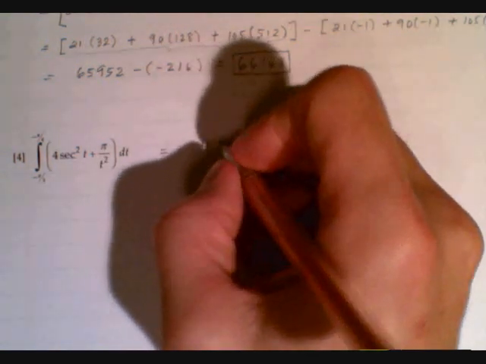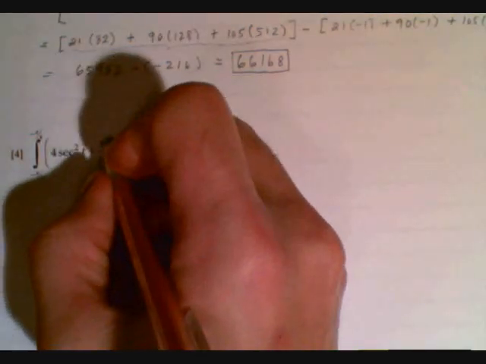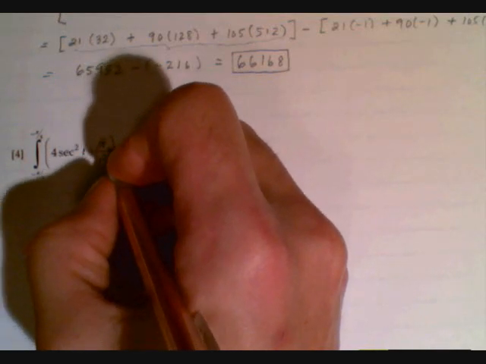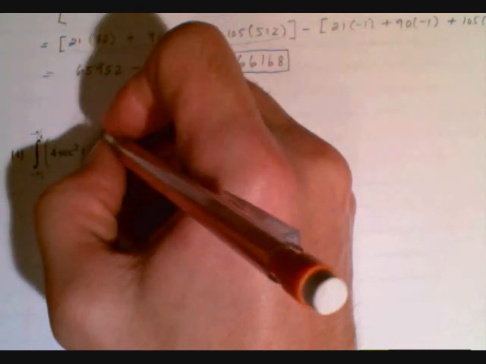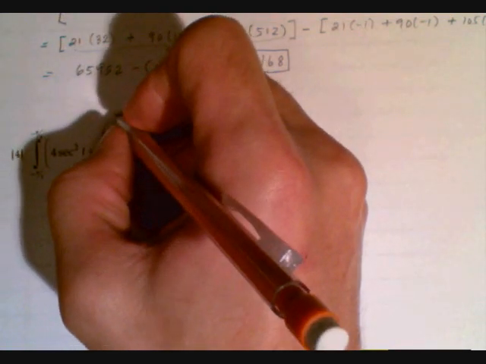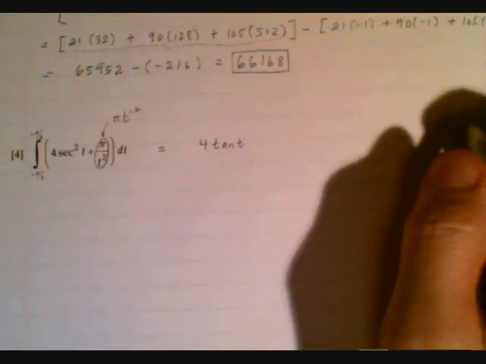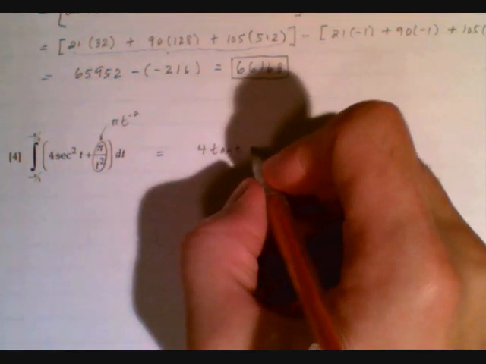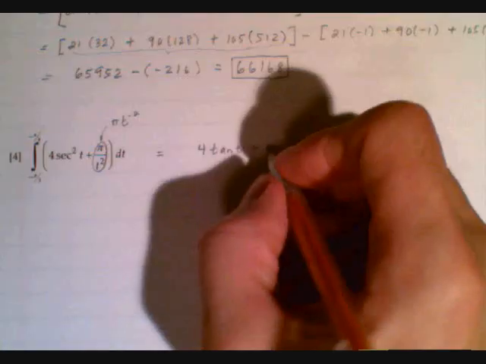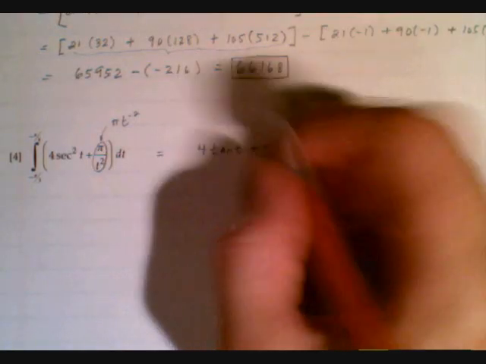Oh, you know what? Let's do this before I proceed with what I just did. Rewrite this as pi times t to the -2 so that I can use the power rule. So I have plus pi times, when I integrate this using the power rule, I get t to the -1 over -1.